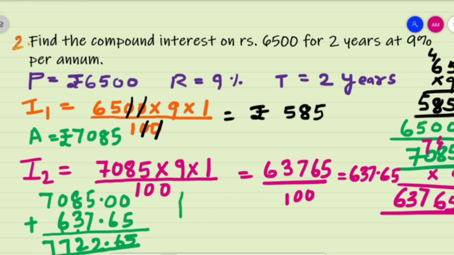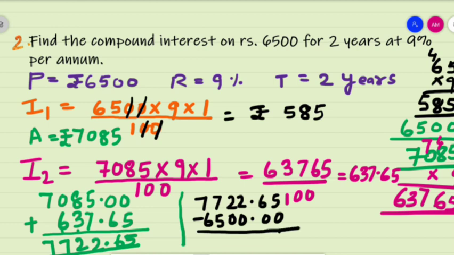But what actually is the compound interest, children? The compound interest will be 7722.65 minus 6500, which was his actual money when he started his business. So 5 minus 0 is 5, 6 minus 0 is 6, 2 minus 5 is 2 after borrowing, and 7 minus 6 is 1.